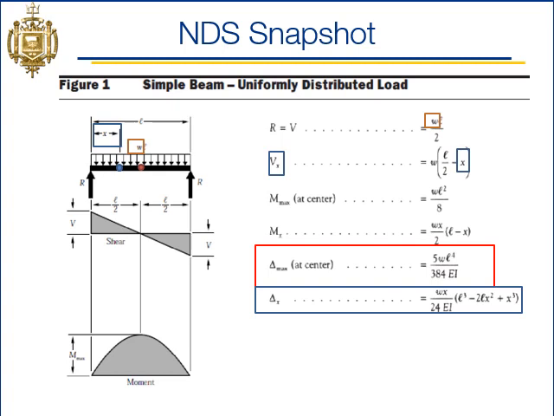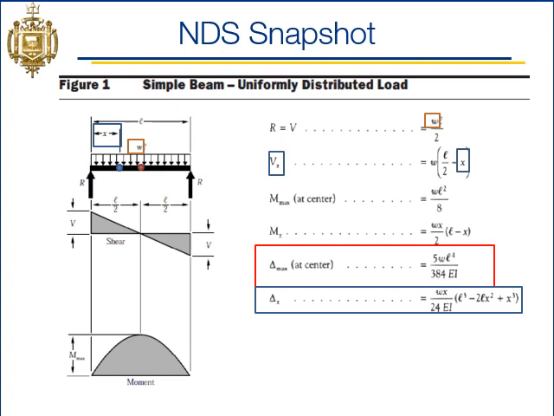L would be the length, and it's all divided by 2, and that will give you the value of the reaction on either side and the value of shear on either side, which in this case is the maximum value of shear. To note, not all scenarios have the same R value on both sides, so you'll have to check. There'll be an R1 or an R2. Just be sure you're solving for the correct R value based on the scenario.